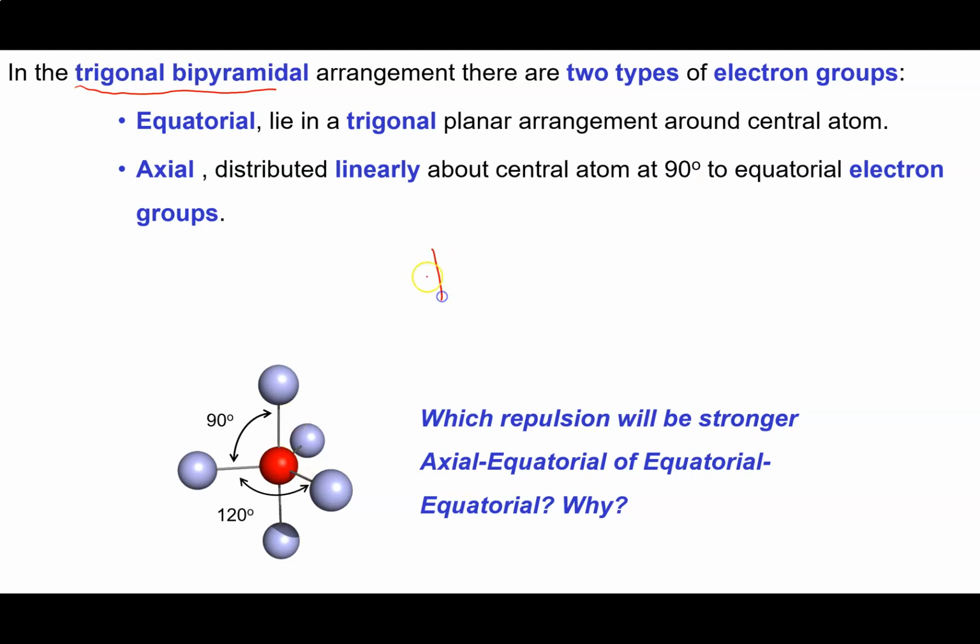This is the trigonal bipyramidal electron group arrangement. We see this for steric number equals 5. It's interesting because we have 2 types of electron groups. There are these axial ones, and then there are these equatorial ones.